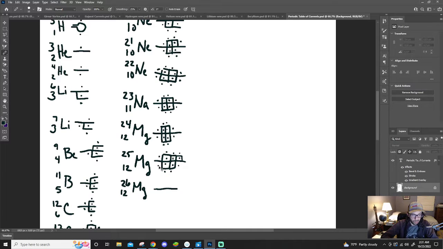These are stable isotopes. So it makes sense that it would have that one and that one as just another stable isotope.